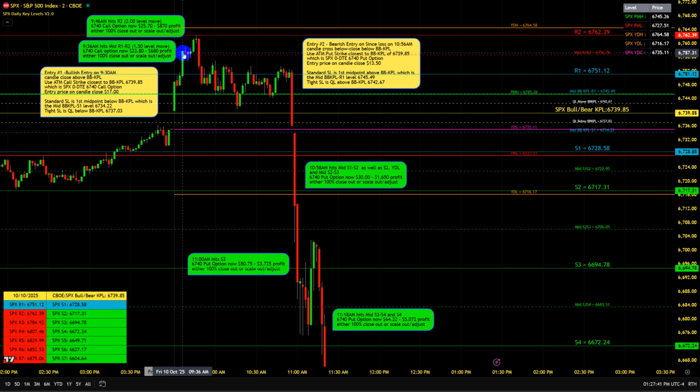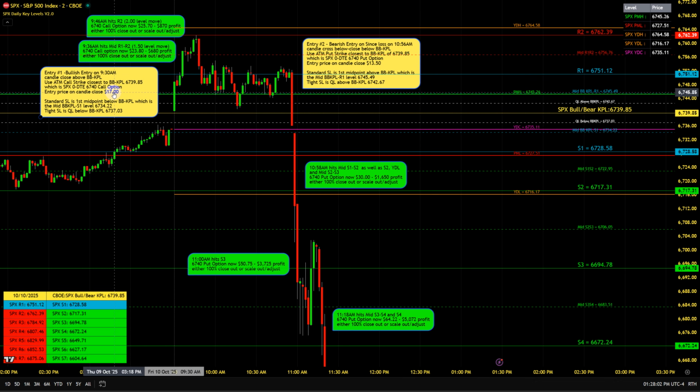By adjusting the stop loss, what I mean is this. Adjusting the stop loss means adjusting it to break even. So you started off with a stop loss that's based on levels, as we went over, tight stop loss and standard stop loss on this bullish play. At the point of making your initial adjustment, you would adjust your stop loss numerically just to break even, being the price that you paid. So in this case, $17.